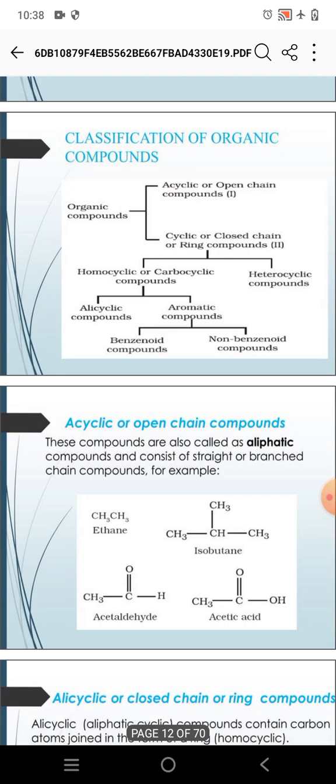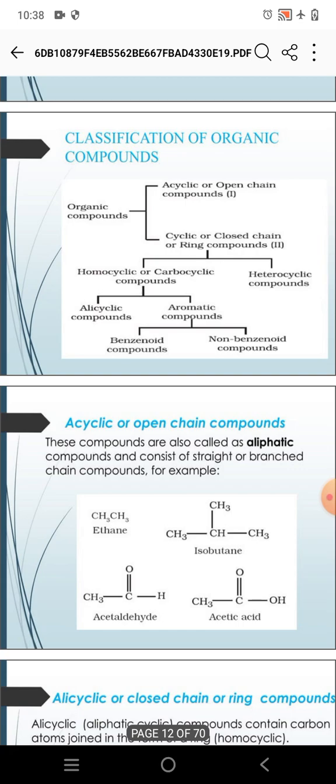Next, classification of organic compounds. Organic compounds may be classified into two types: one is acyclic or open chain compounds, and the other is cyclic or closed chain or ring compounds.